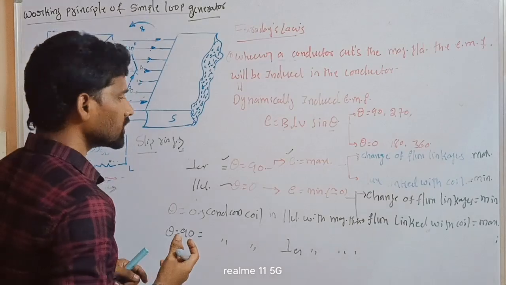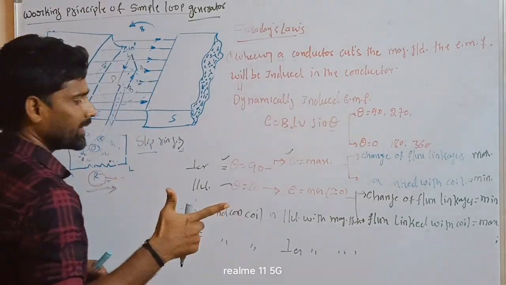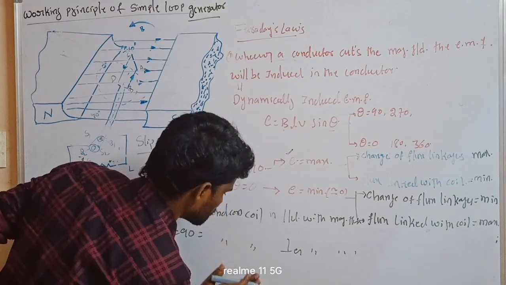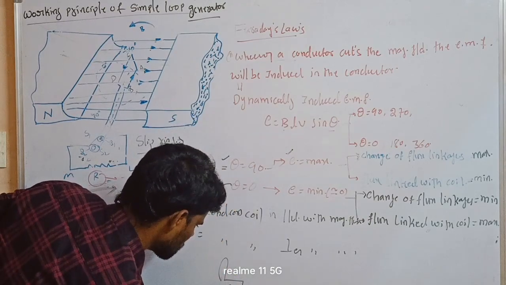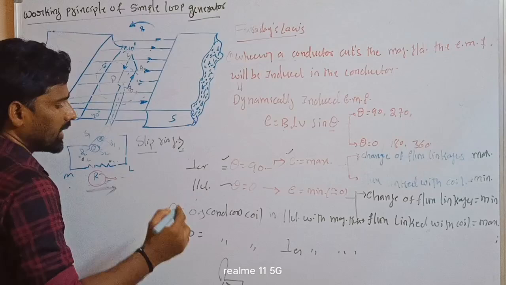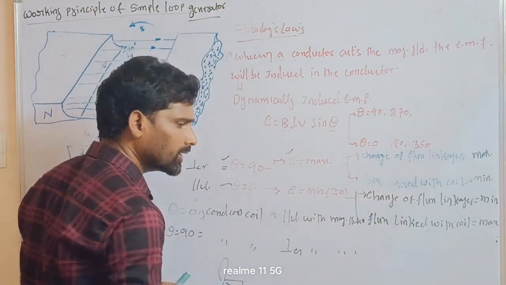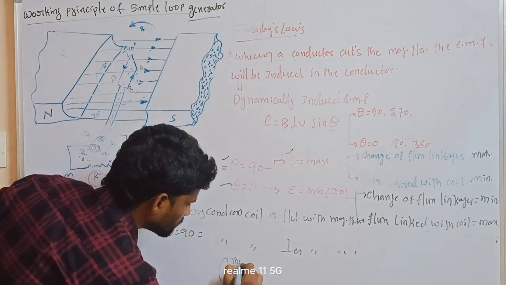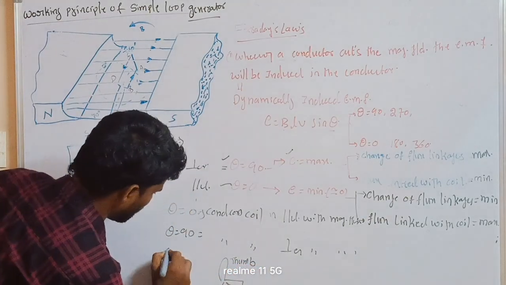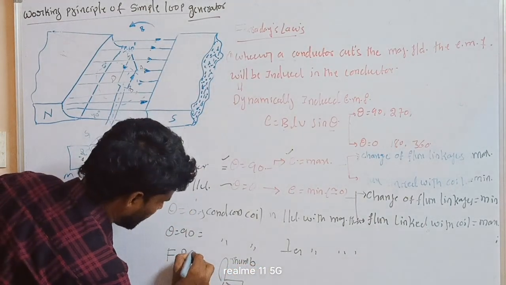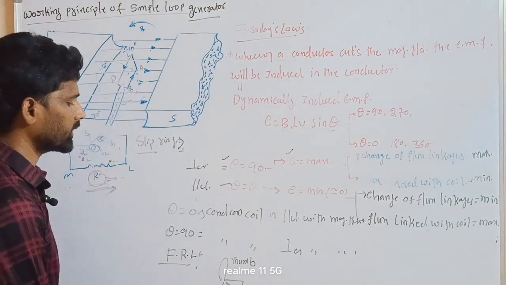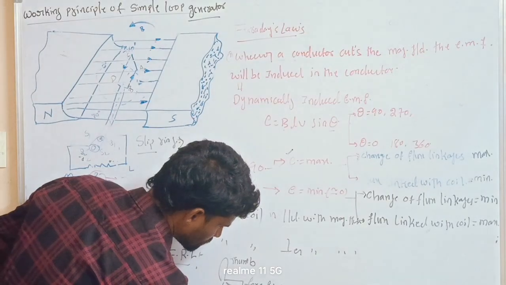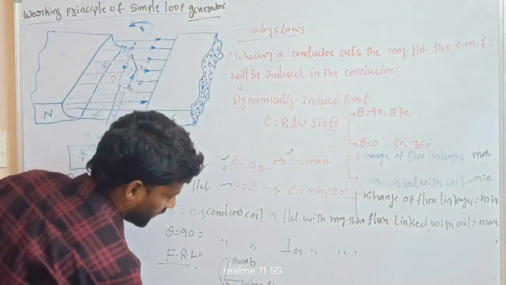Another basic thing is Fleming's right hand rule. What is Fleming's right hand rule? The right hand is used for the generator, and the left hand is used for the motor. In Fleming's right hand rule, we use the thumb, forefinger, and middle finger.